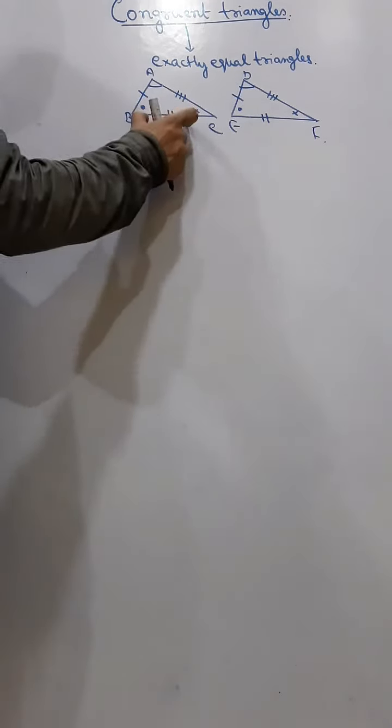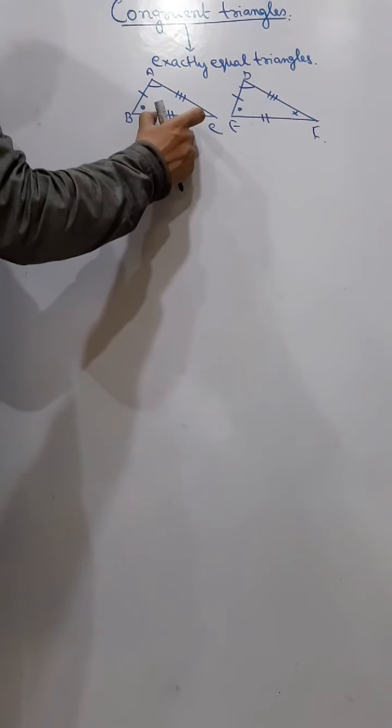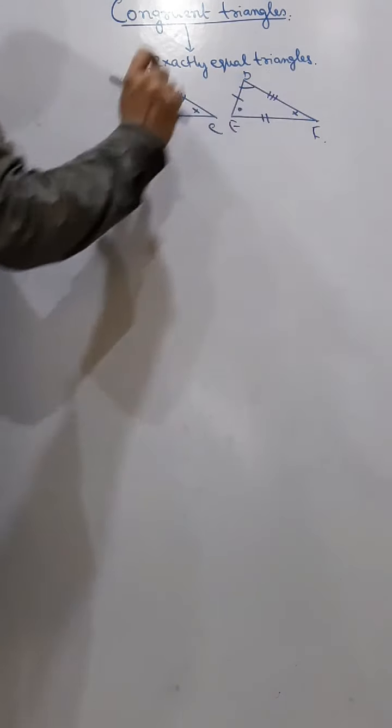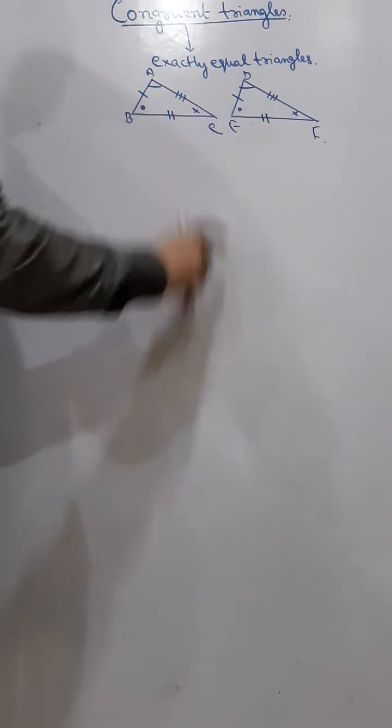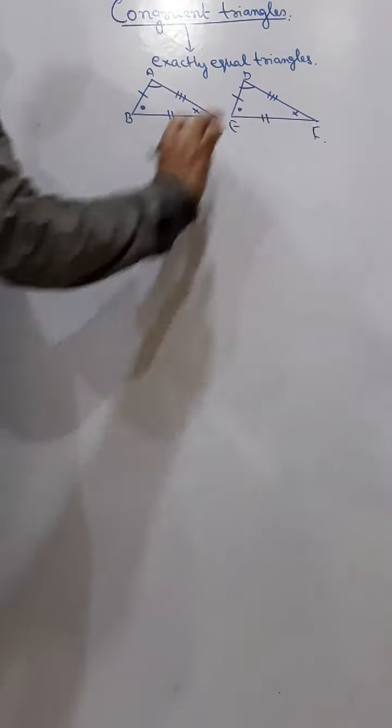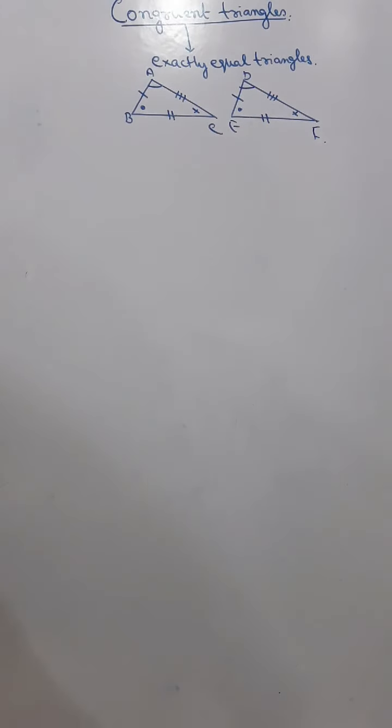So that means they have three respective sides, this equal to this equal to this. Three sides are equal to each other, and even the three angles are equal to each other. So in that case we say that the two triangles are congruent.